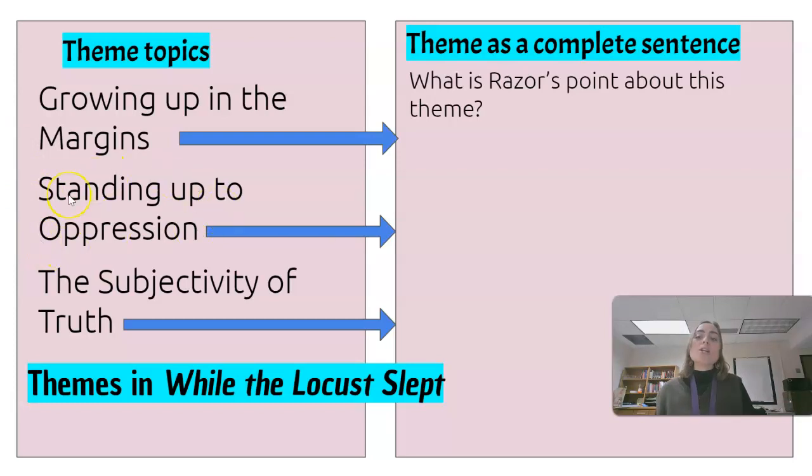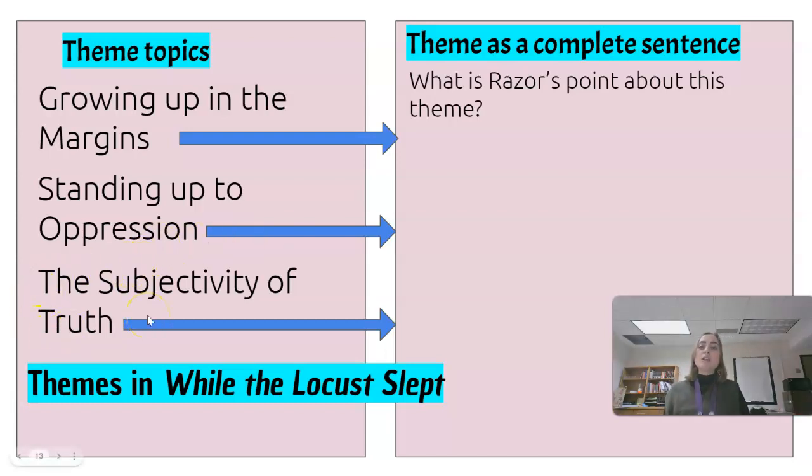For standing up to oppression, we can see throughout the book that Peter is oppressed by many people and things in his life, but we also see that he starts to learn how to stand up to this oppression, and he has some people throughout the book that help him stand up to oppression. So what lesson is Peter Razor trying to teach us about standing up to oppression?